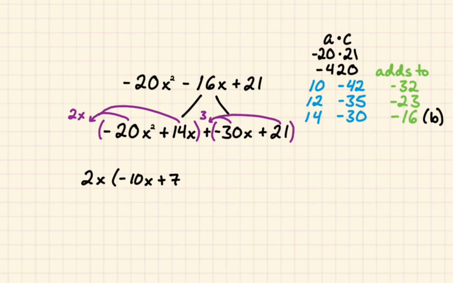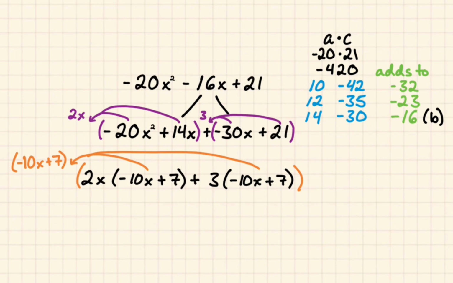I'm left with, after I factor out the 2x, negative 10x plus 7. After I factor out the 3, I get negative 10x plus 7 as well. So I can take a negative 10x plus 7 out. I'm left with negative 10x plus 7 times 2x plus 3.